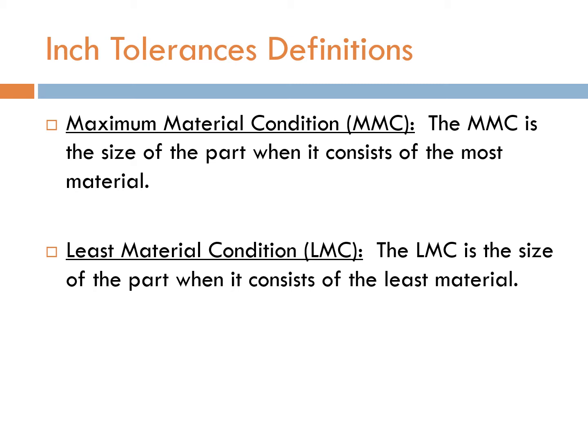If you have a shaft, the shaft contains the maximum material, meaning the size of the shaft is the largest. However, for the hole, if you have a larger size of hole, that means you have a smaller amount of material. So for the hole, the MMC should be at a condition where the hole size is the minimum.